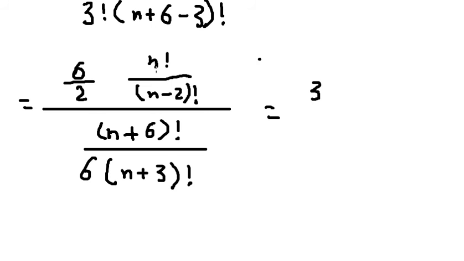Now, n factorial, we can put into (n minus 2) factorial, (n minus 1), and n, over (n minus 2) factorial.